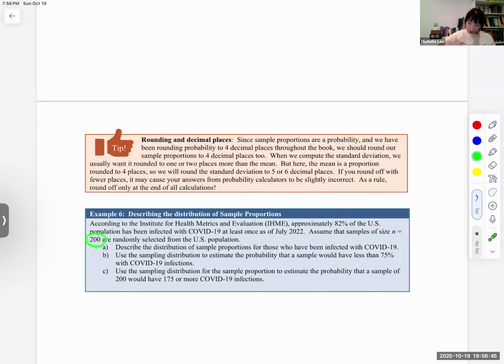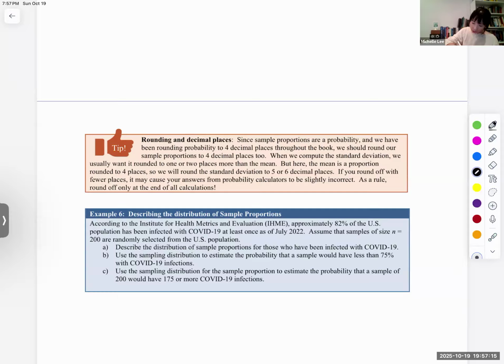The sample size is 200, randomly selected from the US population. The first part: describe the distribution of the sample proportion for those who have been infected with COVID-19. So this is what we just did, right? We describe center, variation, shape.